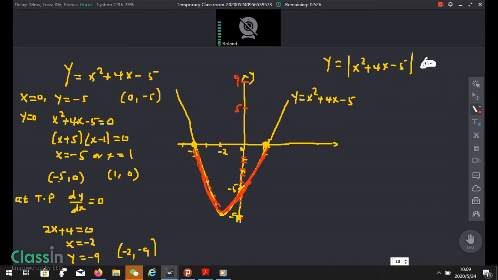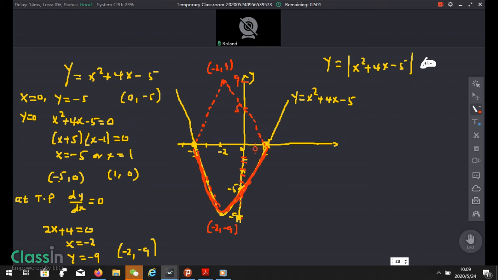So if this section moves across the x-axis, we expect it to behave like this. This will be the turning point, which is (-2, -9). It will be (-2, +9). So we expect this graph to be like this, passing through 5.